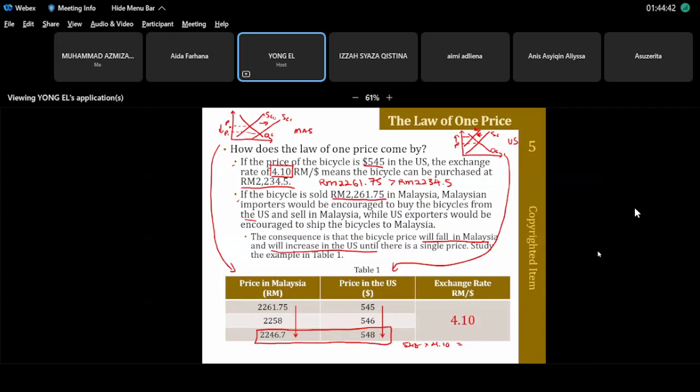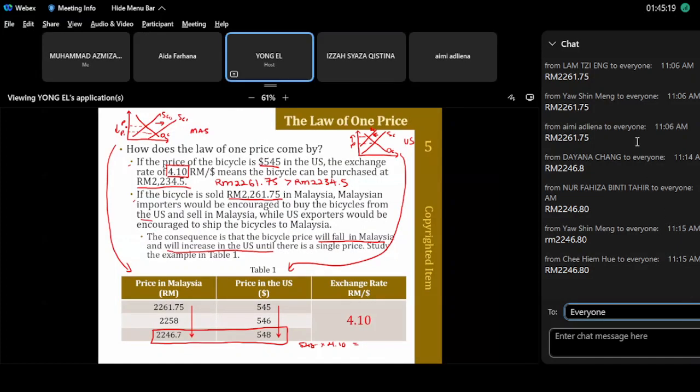You got 2246.8, and I wrote here 2246.7. Let me see some more time. I use my calculator. It's not that I don't trust you, but I just want to see the decimal places. Yeah, it's supposed to be 2246.8. Maybe I forgot to round up in my previous calculation. Yeah, this one is supposed to be 8 right here.